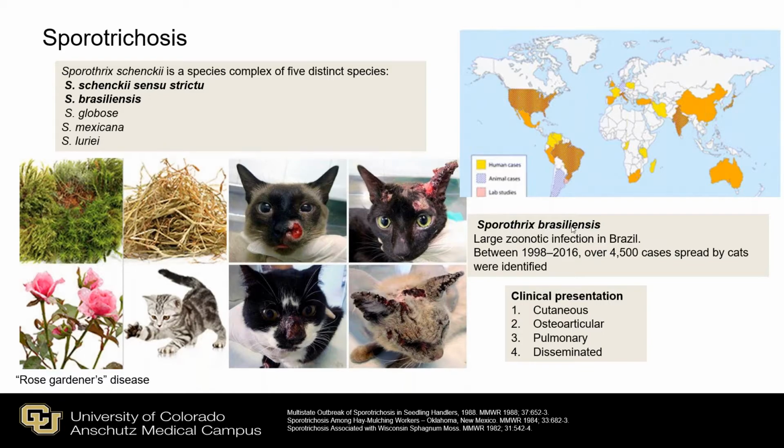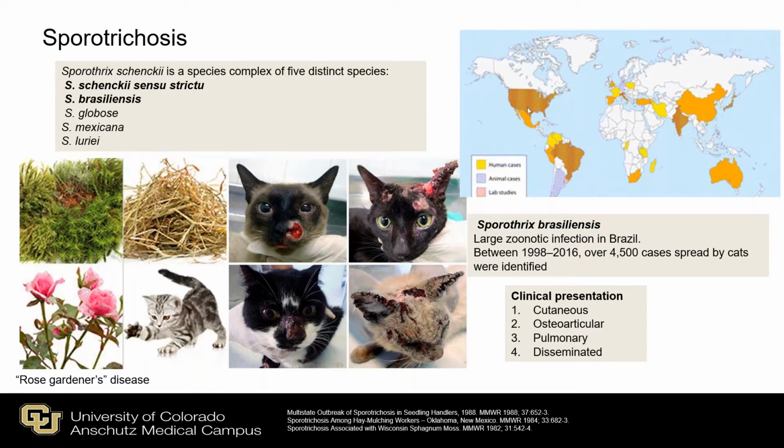So Sporothrix brasiliensis is endemic only to Brazil, and this has been a causative pathogen for one of the largest zoonotic infections in the world.